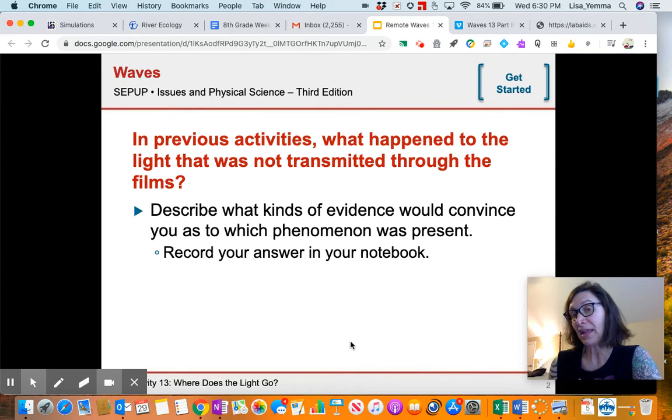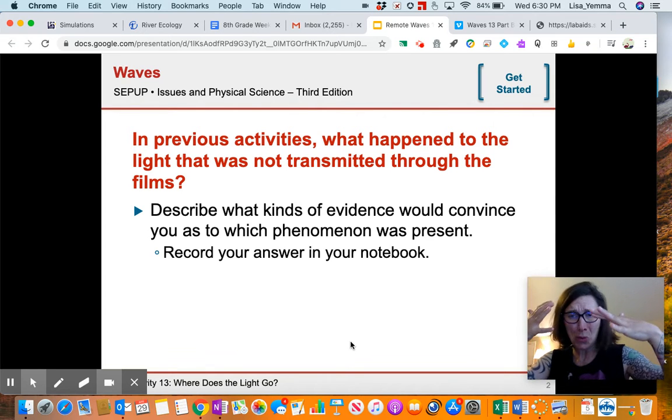Thinking again about the film on our car windows, we really don't want that to happen inside our car. So that choice would be a terrible choice to put on your car window. Think about this: we want the energy from the sun to be reflected off our window, but if it's reflected too much, imagine driving around people whose windows are so reflective that it's too bright in my eyes.